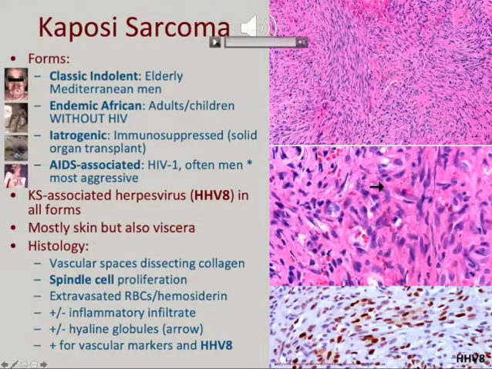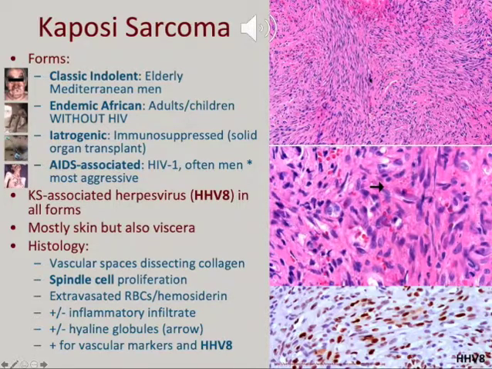Kaposi's, if you're Dr. Kraus, you will say Kaposi, okay? This dude was Hungarian. So Kaposi sarcoma happens in a variety of different backgrounds, but the commonality is that they all have herpes virus. So HHV8, Kaposi sarcoma associated virus as seen here.